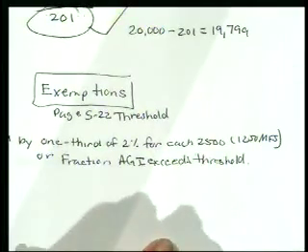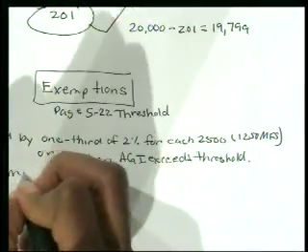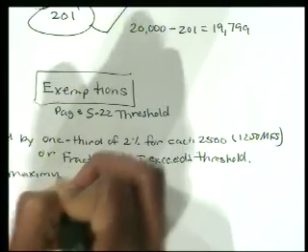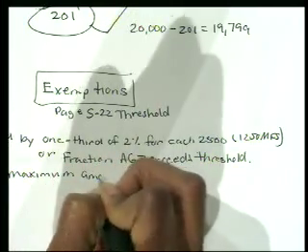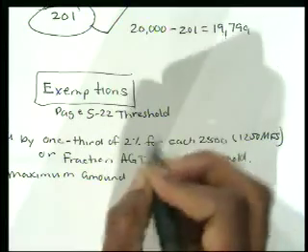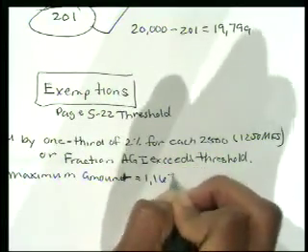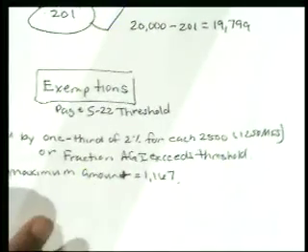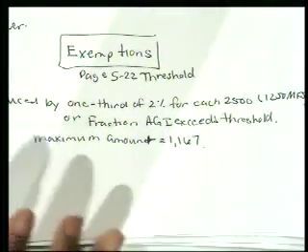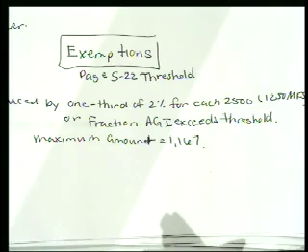Okay, and with the maximum amount of reduction to be $1,167, meaning the most that they'll reduce your exemption by is $1,167. So you kind of read that and you're thinking, what? To me, it's kind of confusing. So let's read the example and then we will do one together.